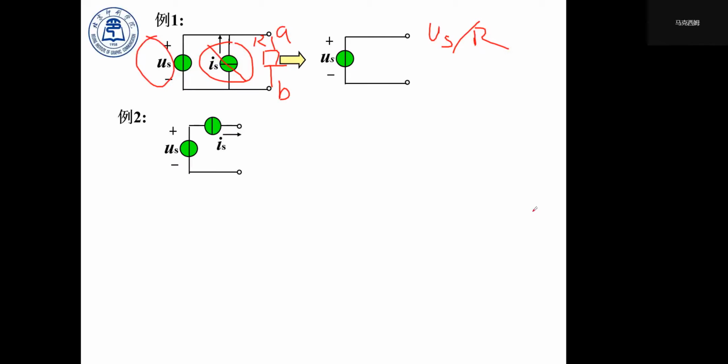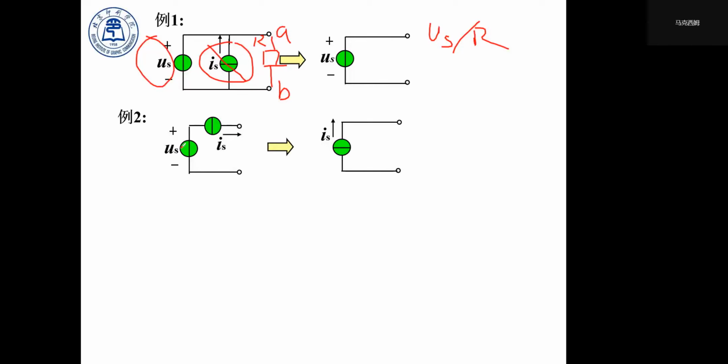If we put an ideal voltage source and an ideal current source and connect them in series, similarly, we can transform that into a single current source. Because to the outside world, the current will remain the same no matter what kind of stuff you attach to it, but the voltage could change.